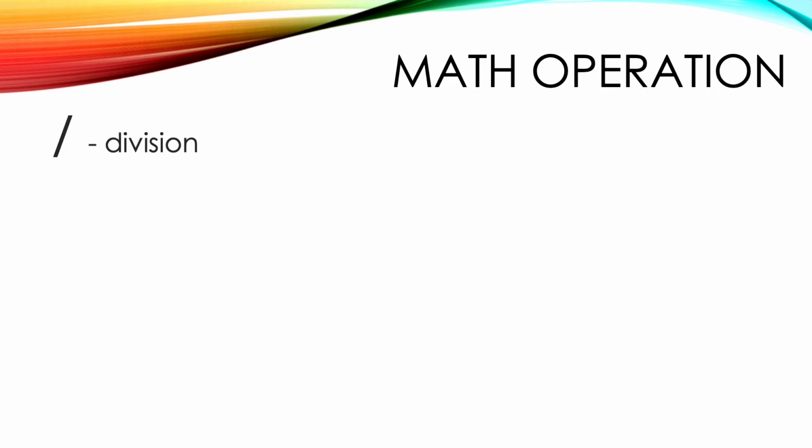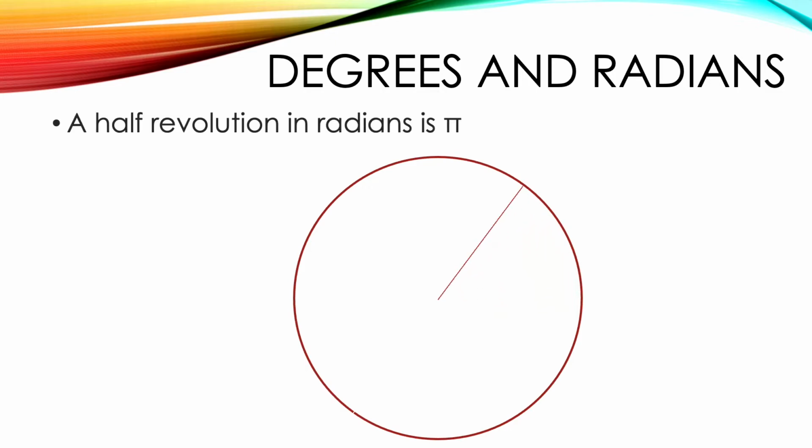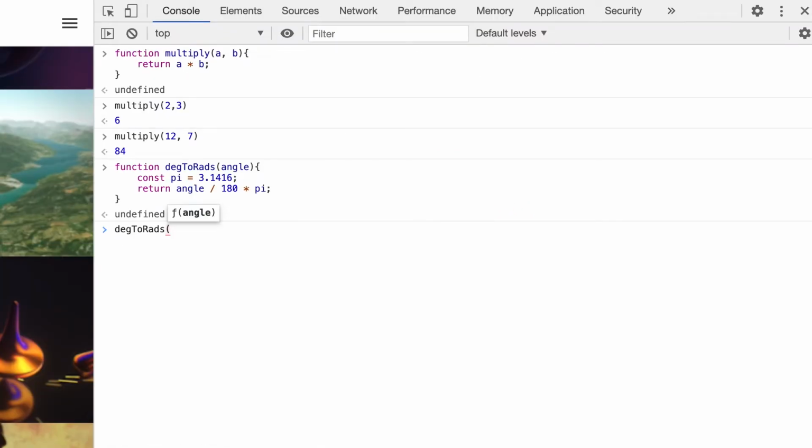Notice we use a forward slash for the division operation, and asterisk for multiplication. Since a full revolution should be 2 pi, a half revolution should be pi. Enter degToRads(180). Here 180 is a half revolution in degrees, and the function returns the approximate value for pi that we used in the function.